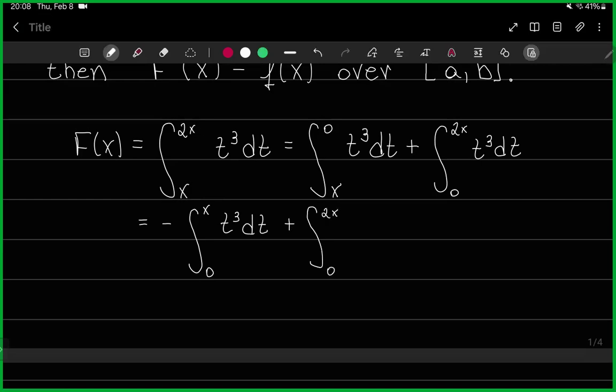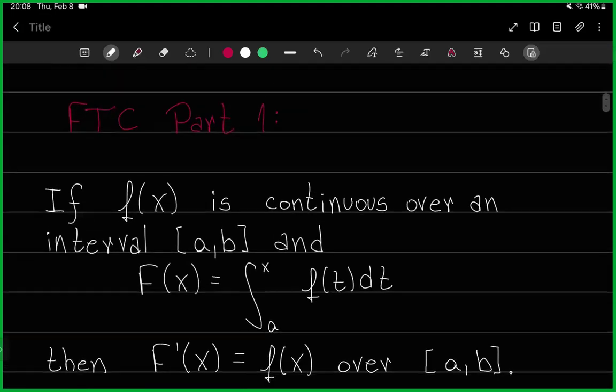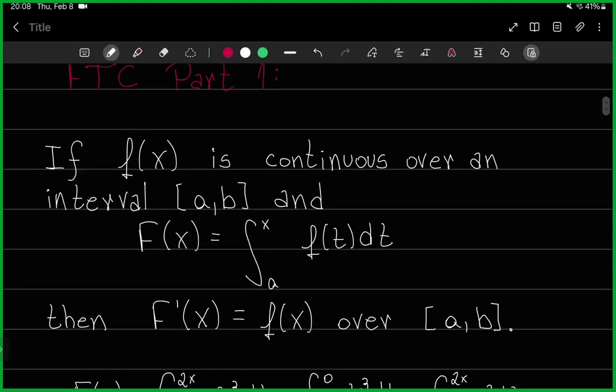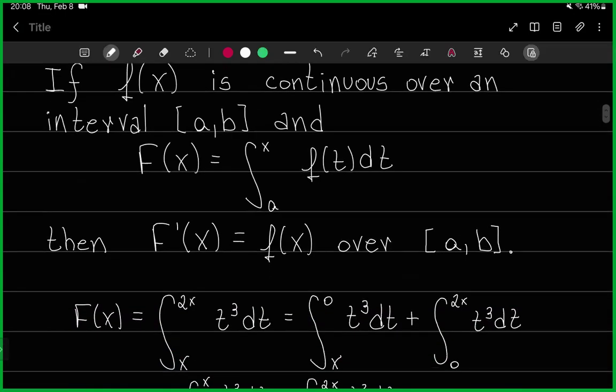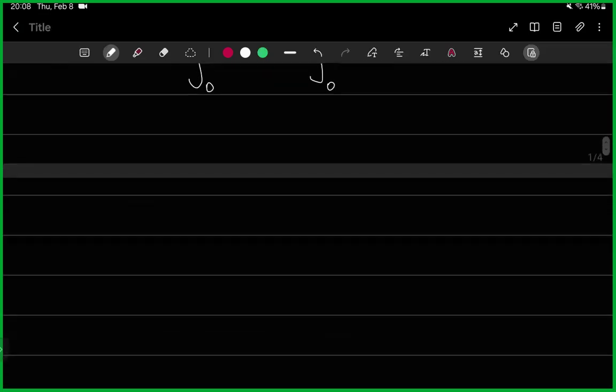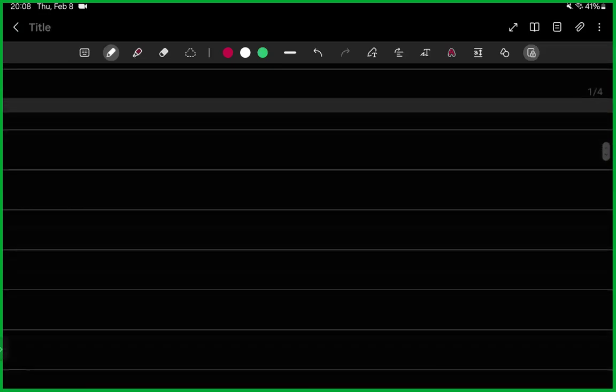So now we have two integrals, and if you look at the theorem, they look very much alike the one we have in the theorem. That's great, because now we can apply the fundamental theorem of calculus to our situation.